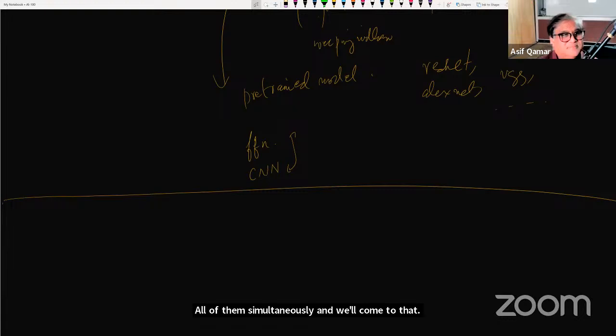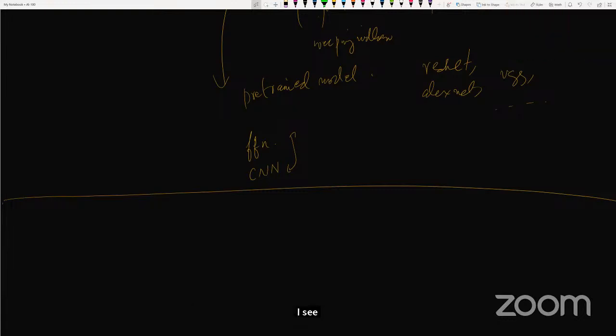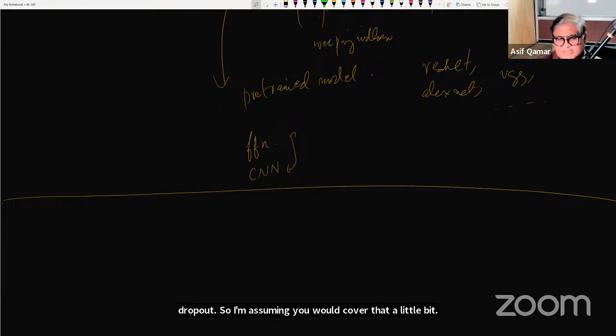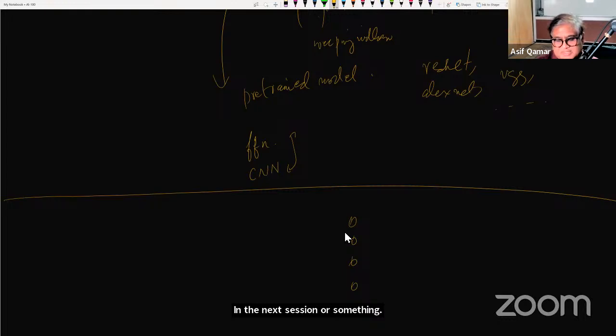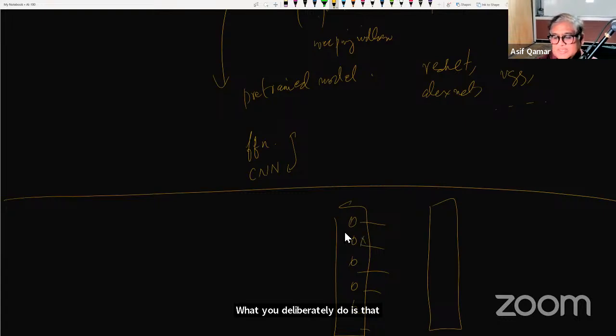Go ahead, Madhu. Yeah, there was a question in TA session yesterday about dropout, so I'm assuming you would cover that a little bit in the next session or something. Yeah, I can give a basic idea of dropout, guys. Suppose a machine is producing in a given layer a lot of firings, right? Each of these neurons are firing. What you deliberately do is that to the next layer, you go and zero out some of those.